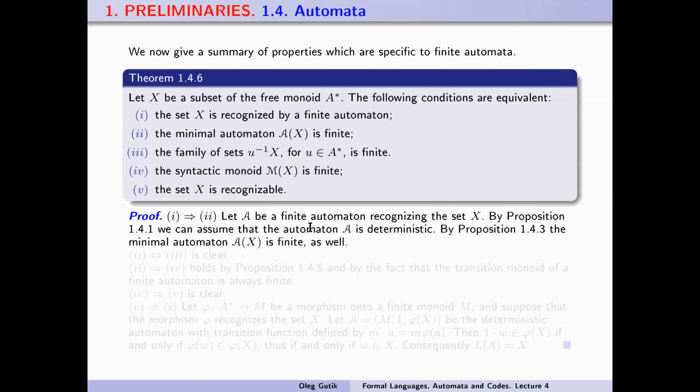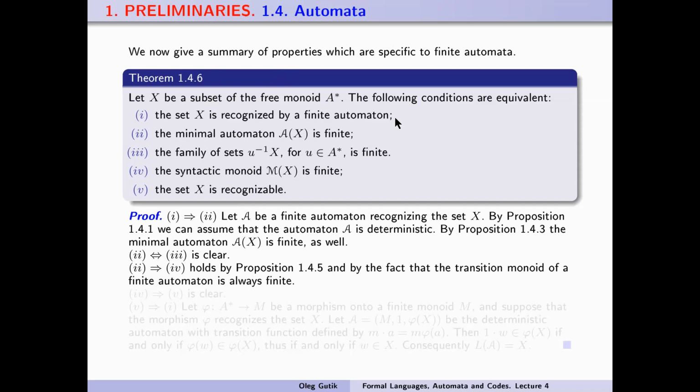By proposition 1.4.3, the minimal automaton 𝒜(X) is finite as well, and hence the implication from 1 to 2 holds. The implications from 2 to 3 and from 3 to 2 are clear. And next, the implication from 2 to 4 holds by the previous proposition.